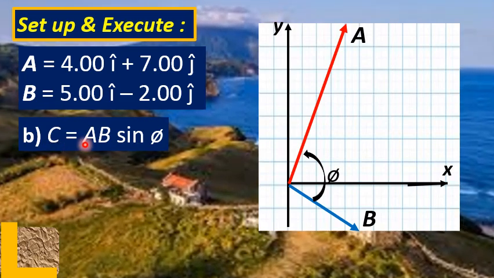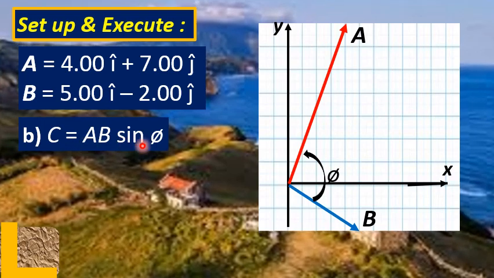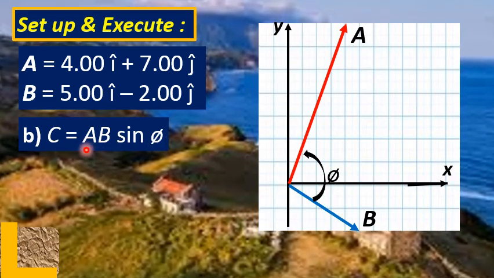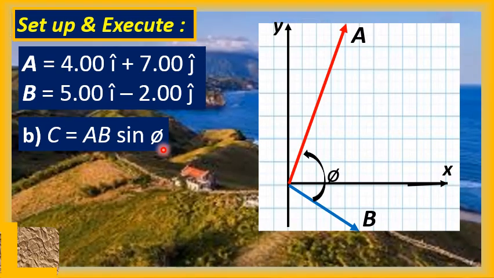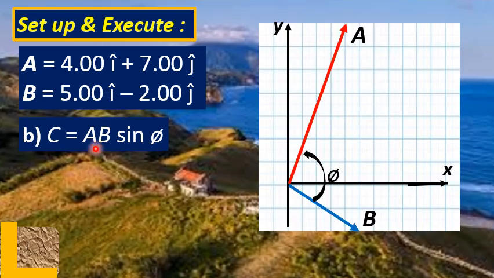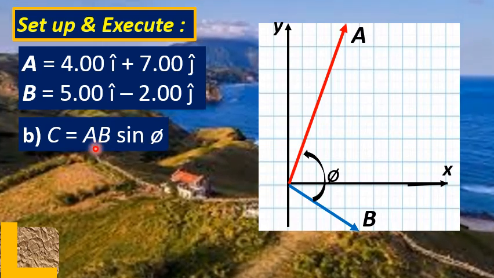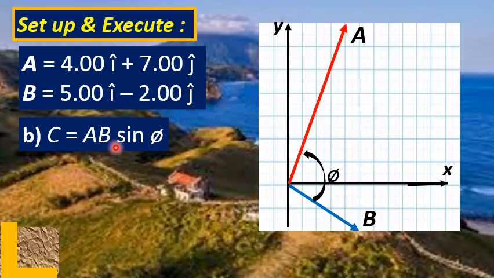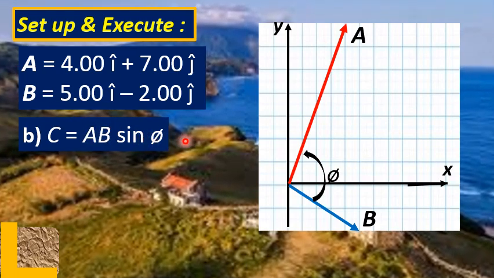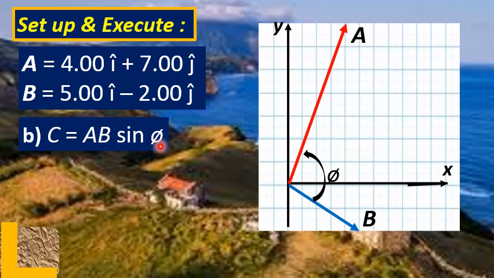is just equal to AB sine the angle phi, which means that we will be multiplying the magnitude of vector A by the magnitude of vector B, which we already have computed earlier, and then their scalar product will be multiplied by the sine value of the angle phi.